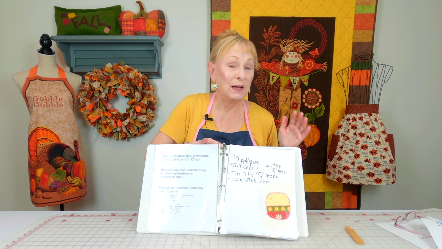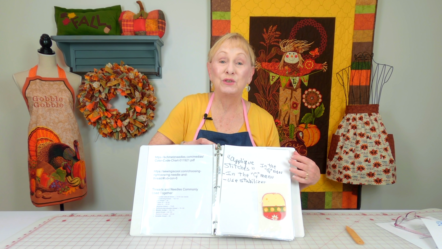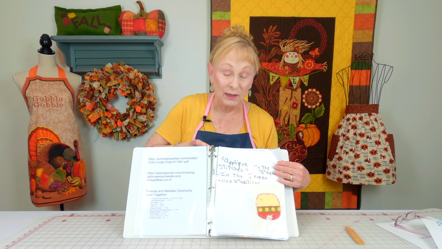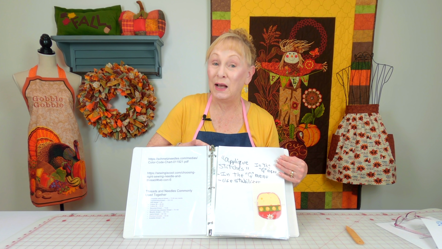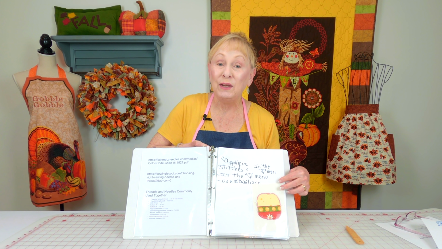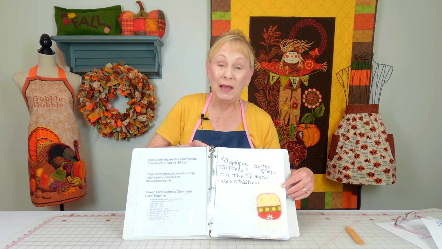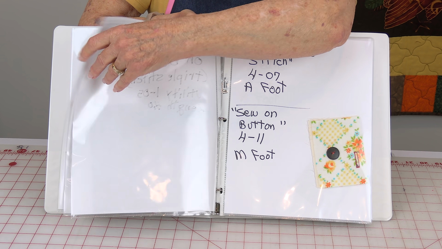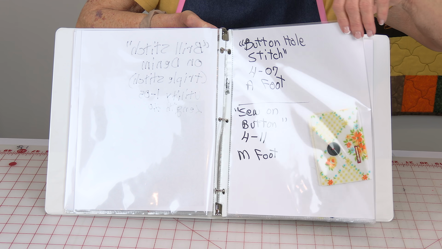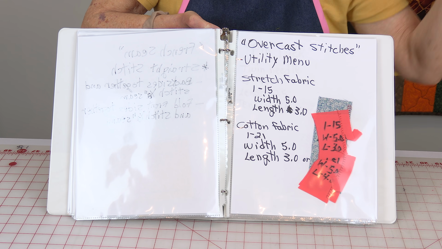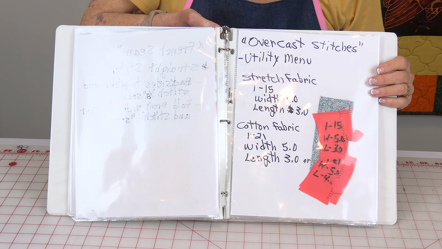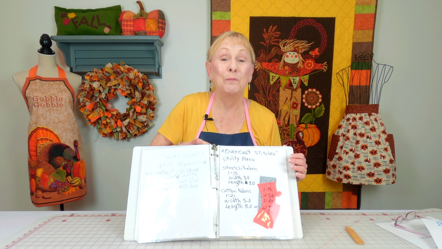If this is the first time you've seen this book, I show you how to set up a book to keep track of the different types of stitching, what you need to do to set your machine up, and what it does. There's all of this great information that you can store in this notebook. I keep mine right behind my sewing machine.